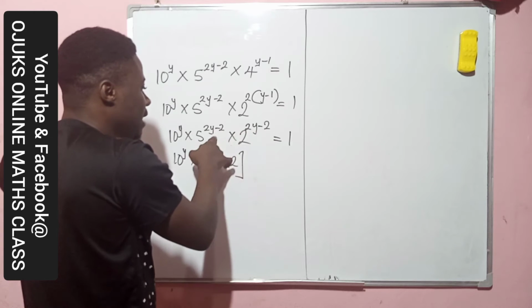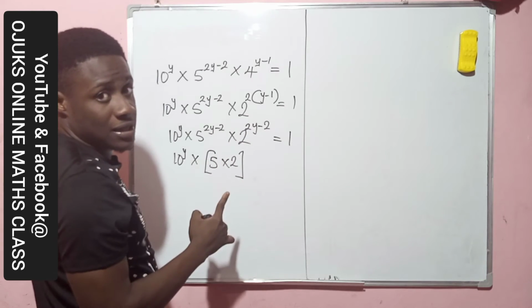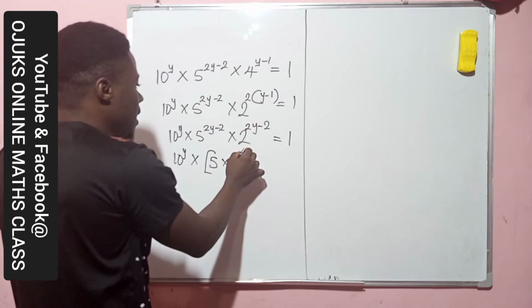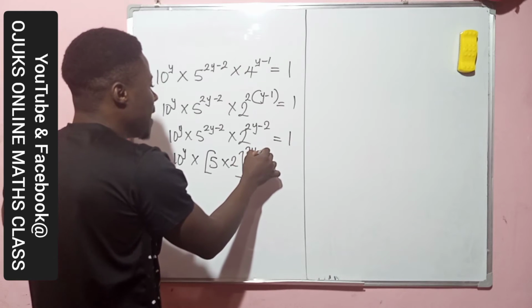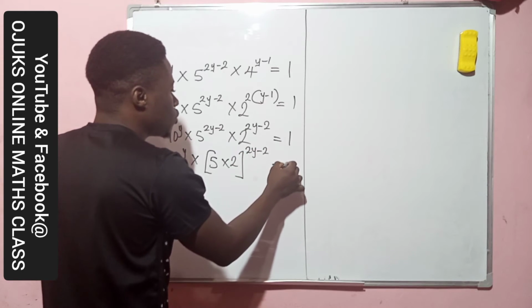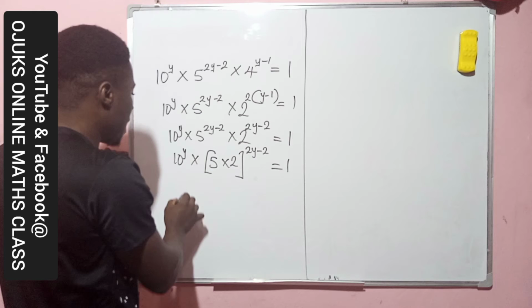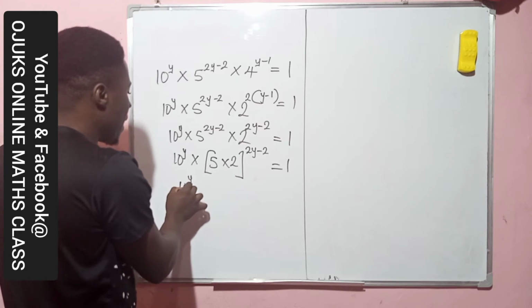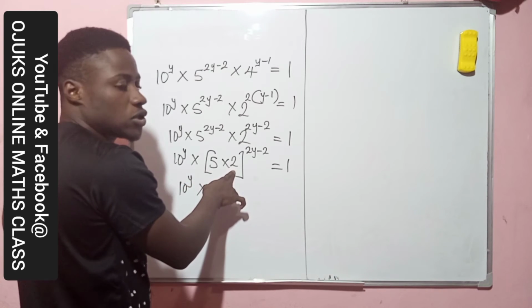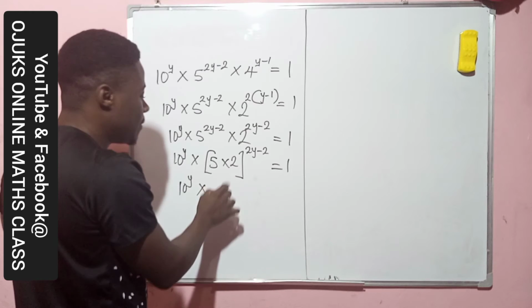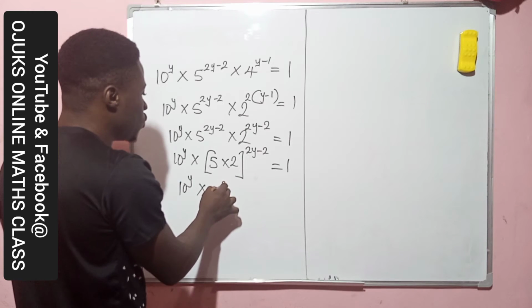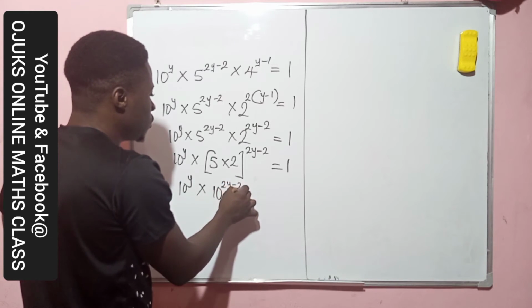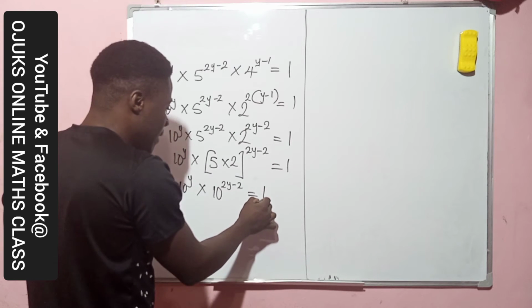They have a common index, so I'll just pick one of the index. I'll have 2y minus 2, all equals 1. So in return, I will have 10 raised to the power y times 5 times 2, which automatically gives me 10. So I'll have 10 raised to the power 2y minus 2 equals 1.